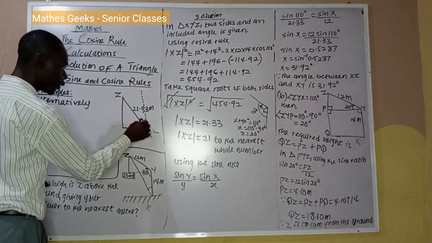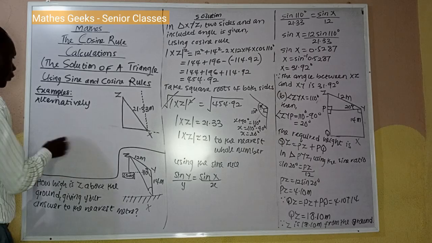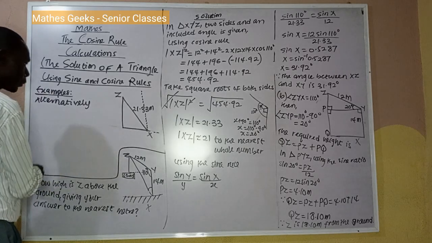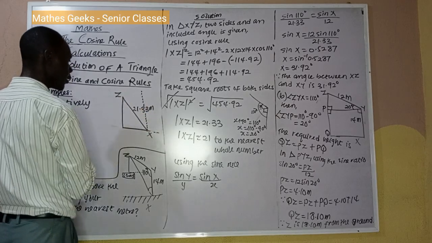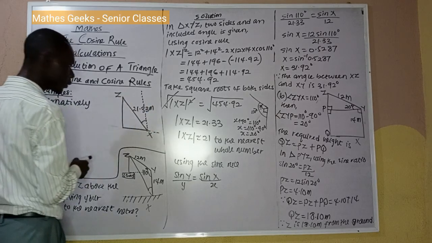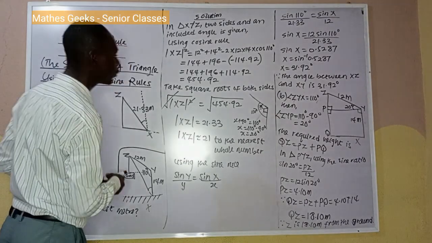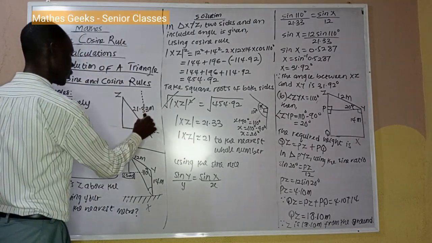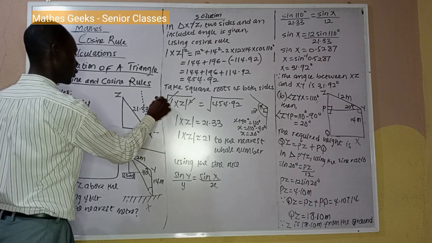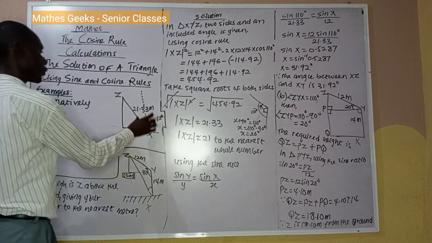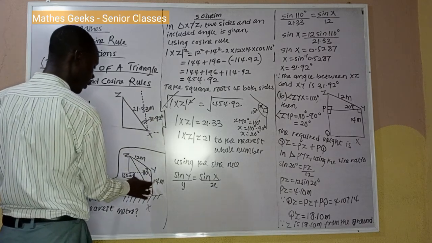And remember the angle between XZ and XY, which is between X and the vertical from your question, was 31.92 degrees. So let me write it here. 31.92 degrees. So this is the angle between X and Y, which is this angle here.